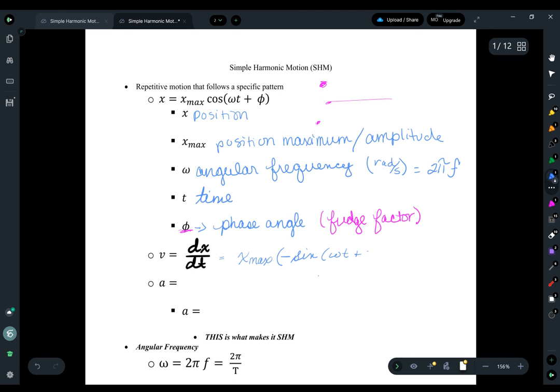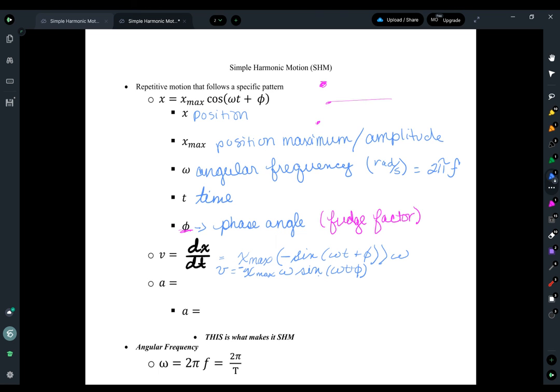So negative sine of omega t plus the phase angle, and then multiply by the derivative of the function with respect to time, which would just be omega. In other words, the velocity for simple harmonic motion is going to follow the pattern of negative x max omega sine of the quantity omega t plus the phase angle.